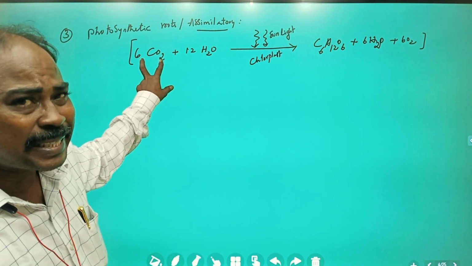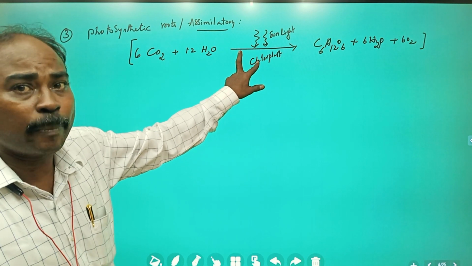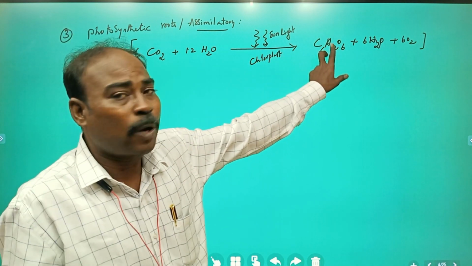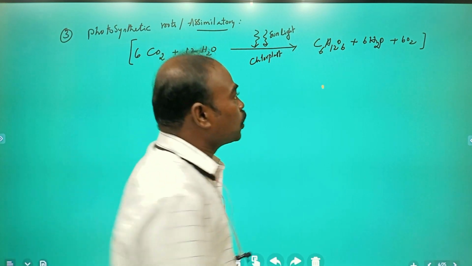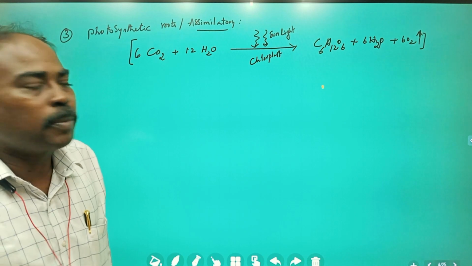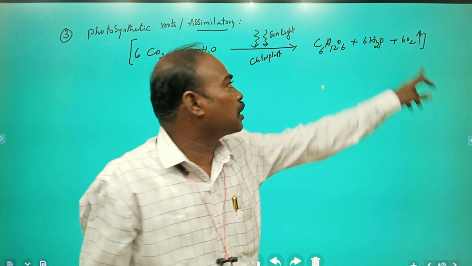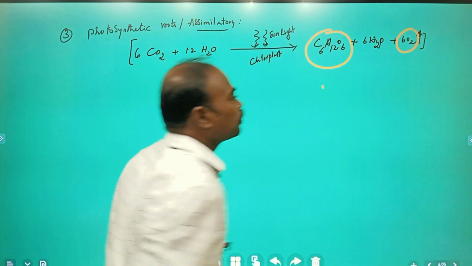Generally, carbon dioxide is reduced by water in the presence of sunlight within the chlorophyll pigments to produce 1 mole of glucose and 6 oxygen molecules released, which is primarily responsible for the production of oxygen and for the synthesis of glucose, right?